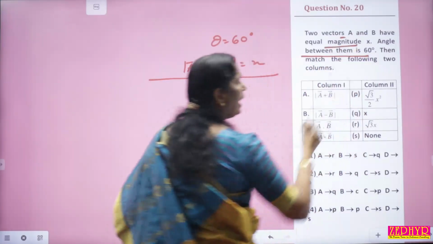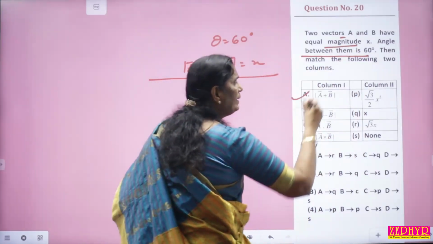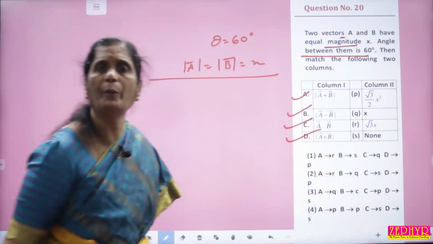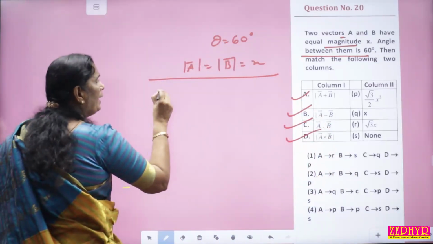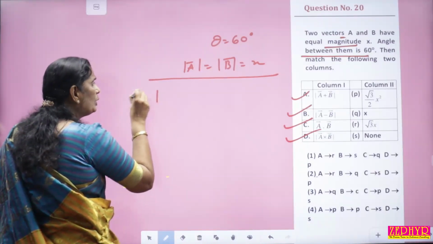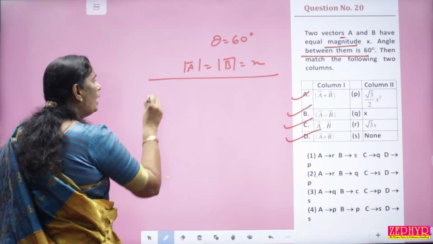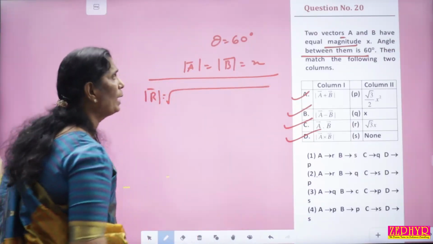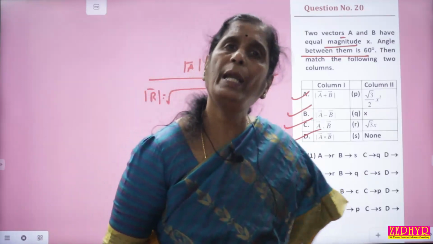We will do first addition, then subtraction, then dot product, then cross product. First addition: R bar, that is R mod R, is equal to root of mod A square plus mod B square plus 2AB cos theta.